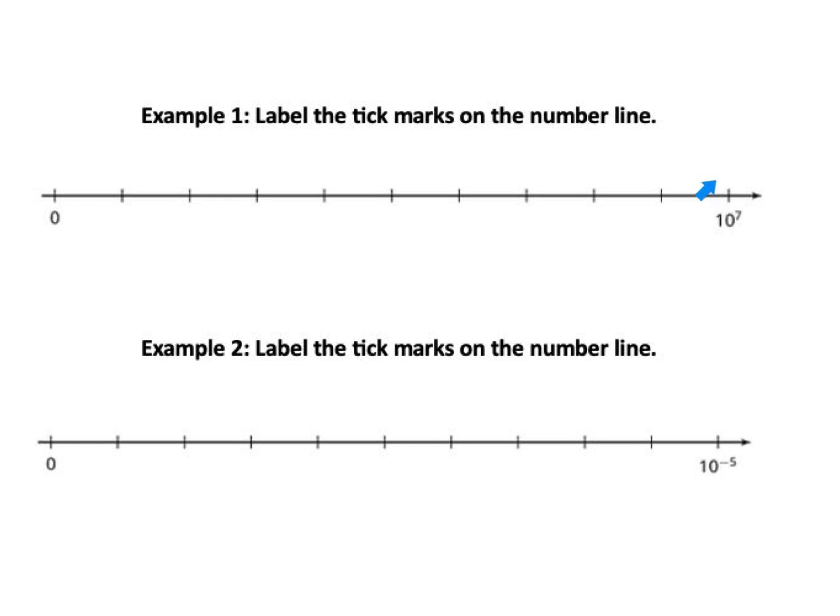So what we're going to do is mark all of these in here as one group of 10 smaller. We're going to write them as 10 to the 6th. So the first tick mark here is 1 times 10 to the 6th.